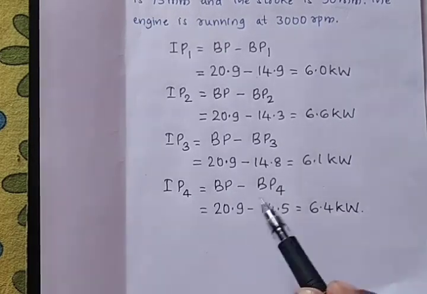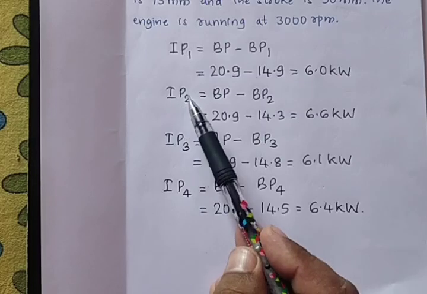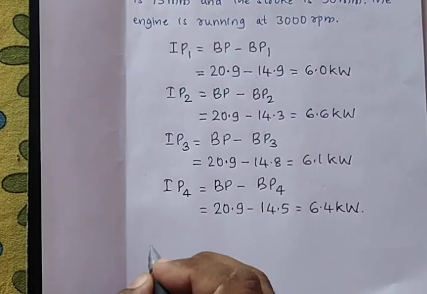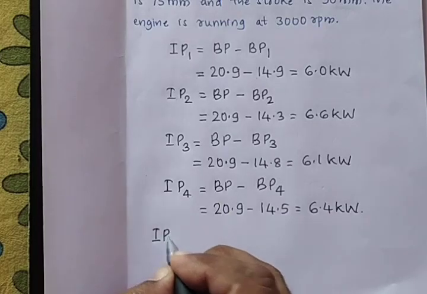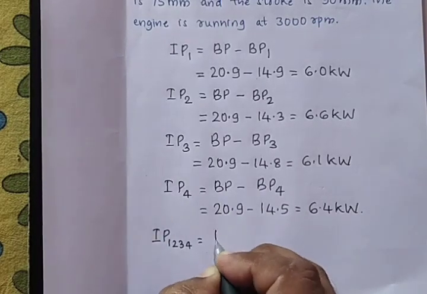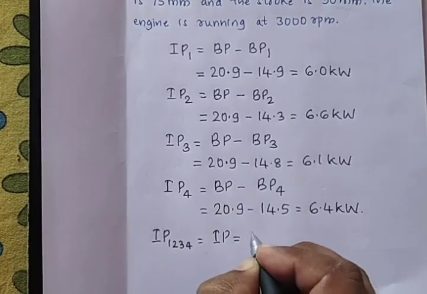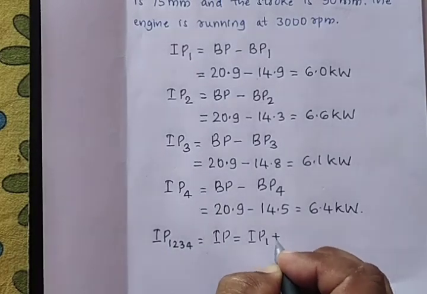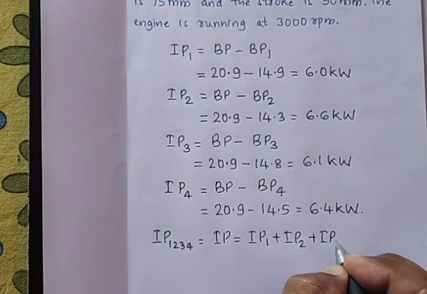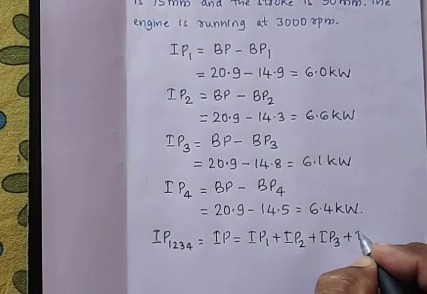So when you get the values of IP1, IP2, IP3 and IP4, the total indicated power, IP, will be equal to the sum of IP1 plus IP2 plus IP3 plus IP4.